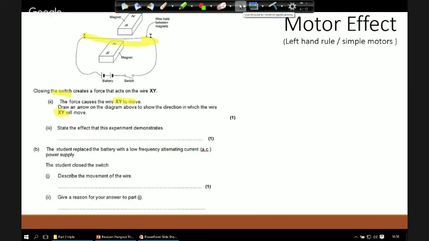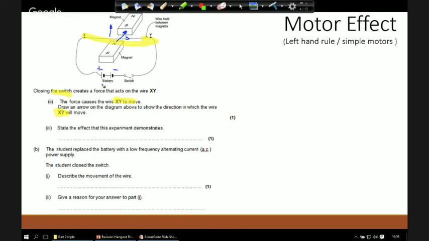Well, if we apply Fleming's left-hand rule, our current is going to go in this direction from plus to minus, and our field lines are going to go from north to south, and therefore my motion is going to be upright.